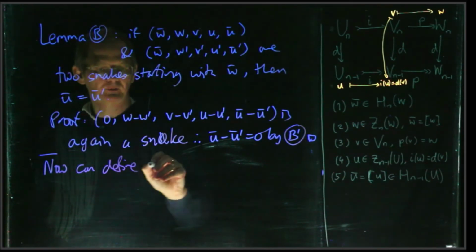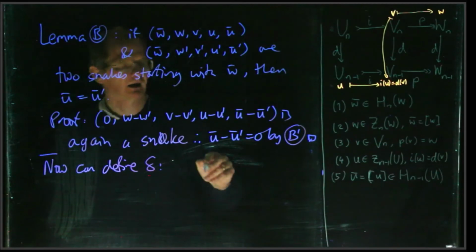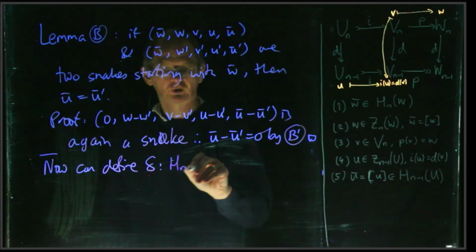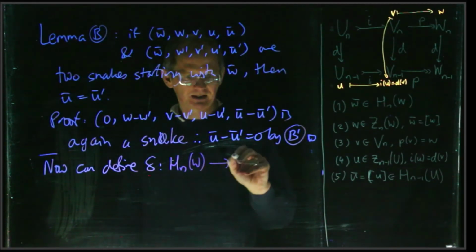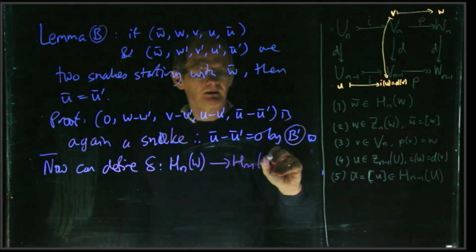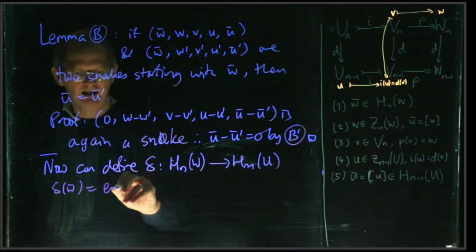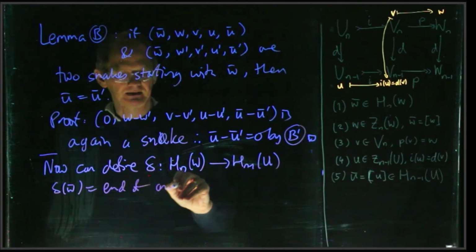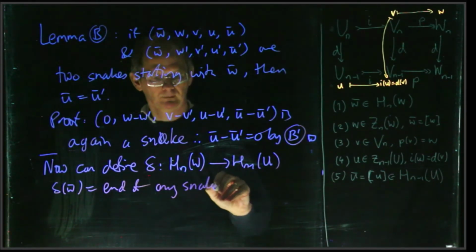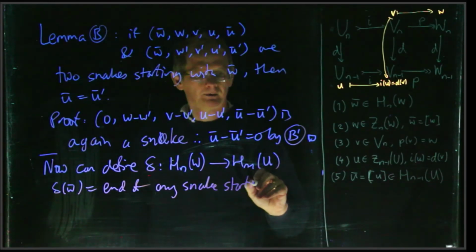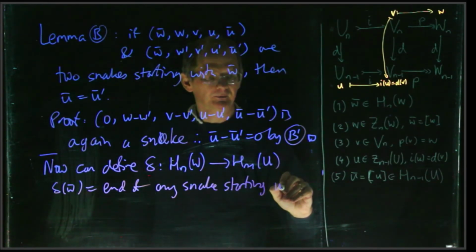Let's just recall what we were going to do with that. We can define delta as a map from HNW to HN minus 1 U. Delta W bar is the end of any snake starting with W bar.